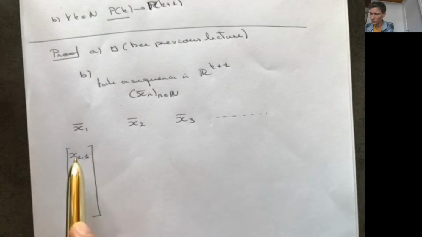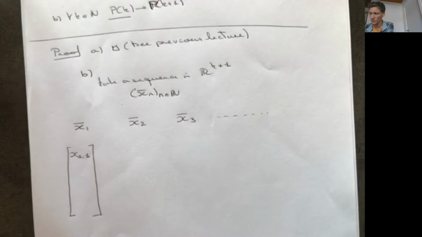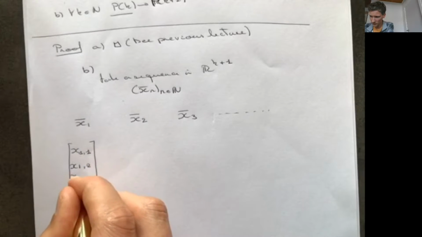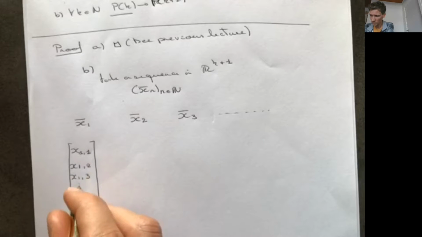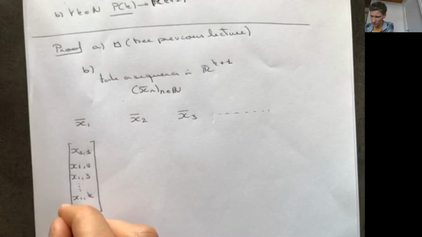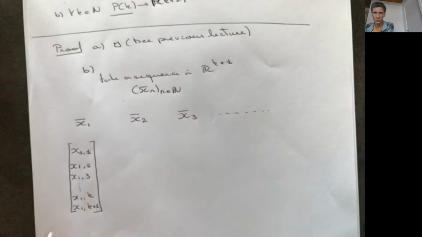The first number is the number of the sequence, and the second number is the element in the vector. So the second element of x1, the third element of x1, and so on, the kth element of x1, and then a final one, x_{1,k+1}, because it's of dimension k+1.